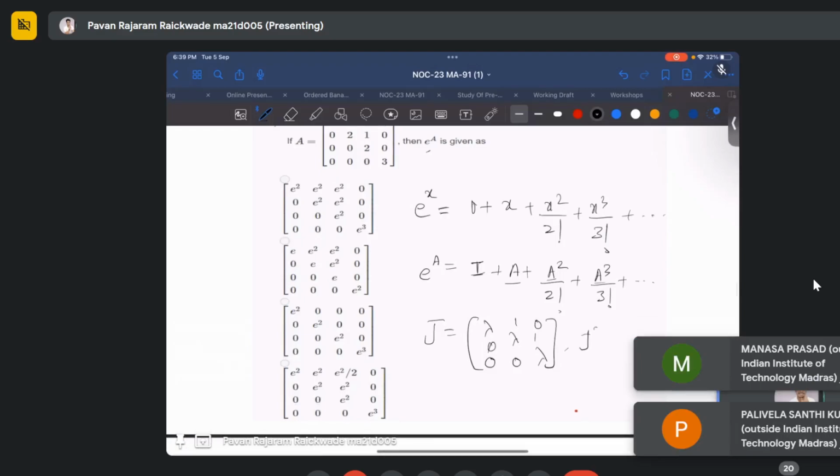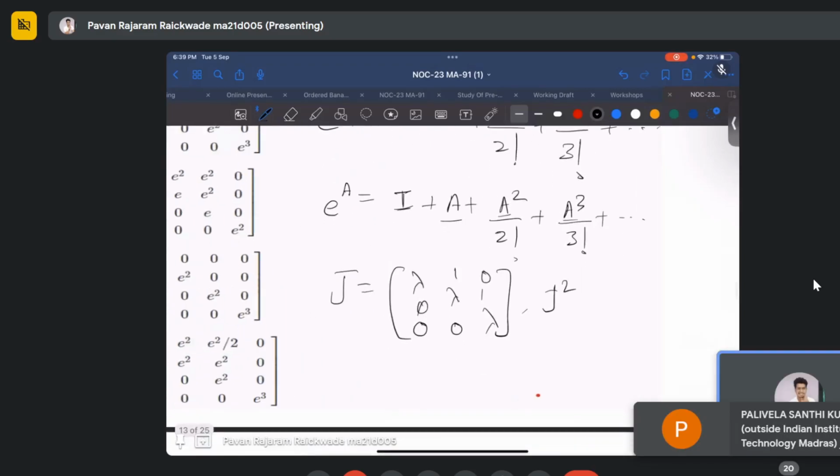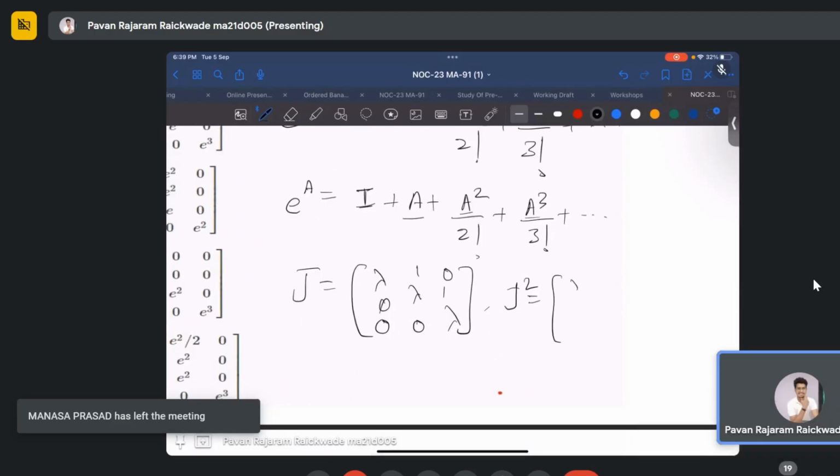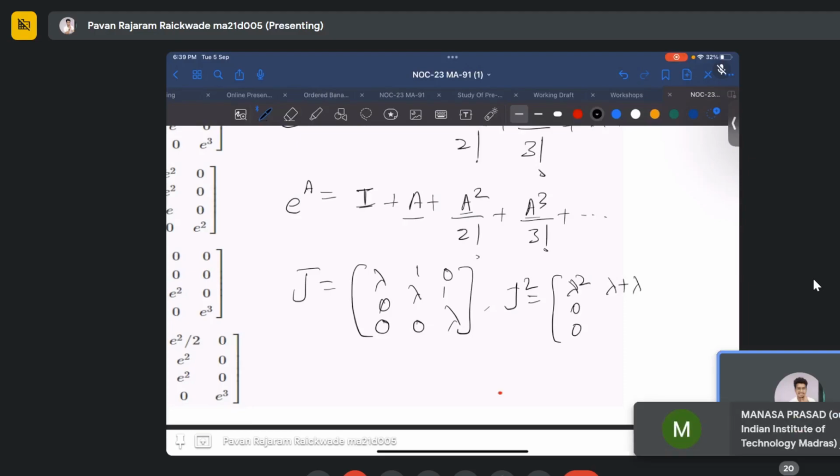What will be J squared? It will be lambda squared, 0, 0, then lambda plus lambda. This is 0, this is 1. Let me also do the computation so that I won't be wrong. Here is lambda squared.